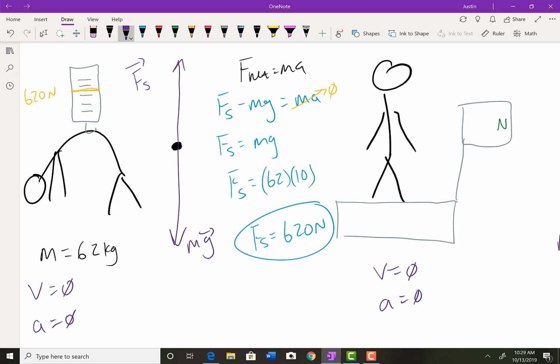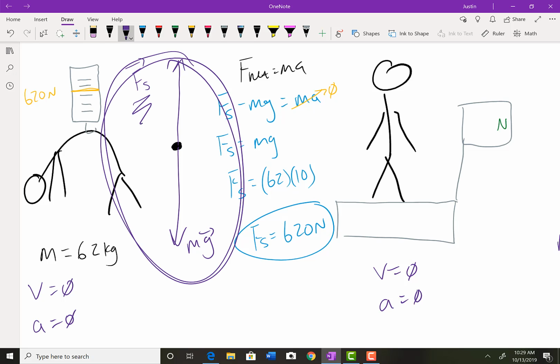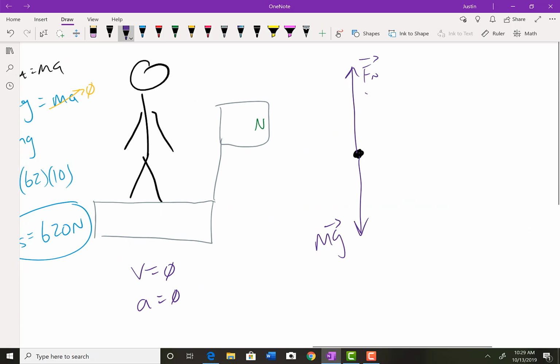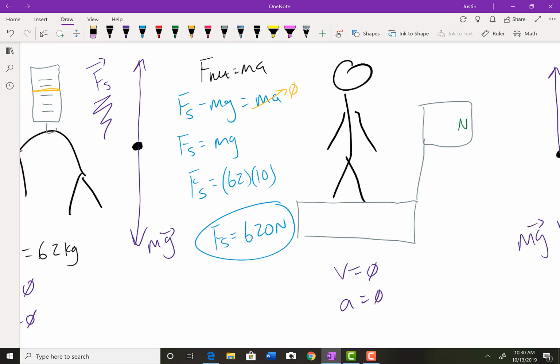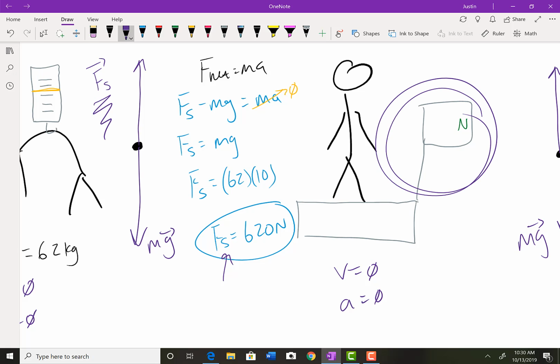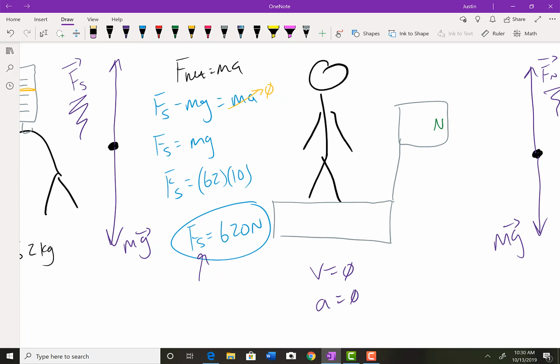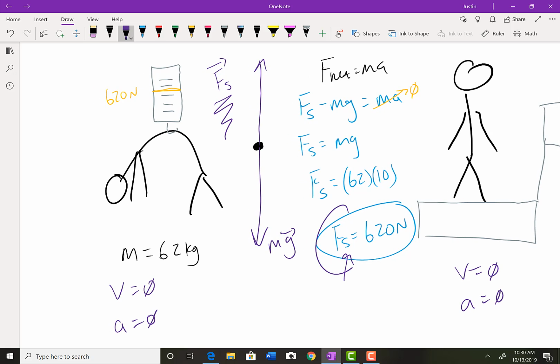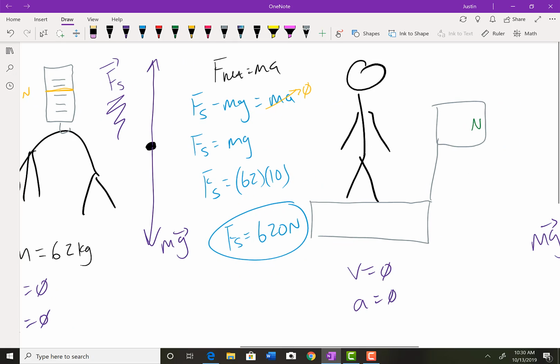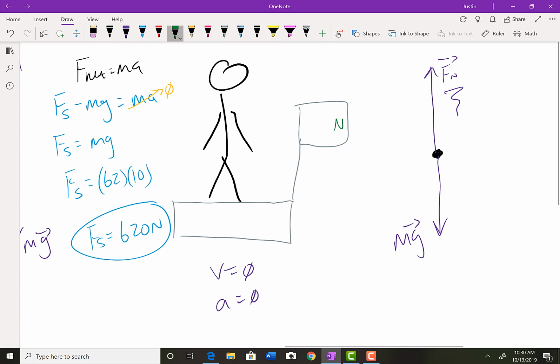It's exactly the same free body diagram, but instead of the spring force, we got the normal force. So I'm going to get exactly the same information with Newton's second law, except this is going to be a normal force, and that's the force that the bathroom scale would read, just like the spring force is the force that the spring scale would read. So this is also going to be 620 newtons. So that's my pre-problem right there.